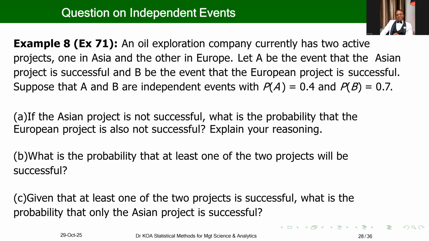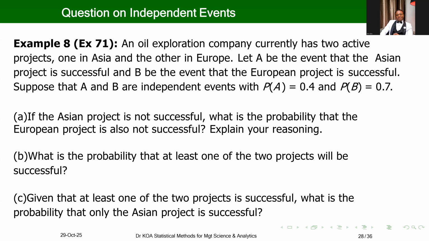Now, if the Asian project is not successful, what is the probability that the European project is also not successful? You should be able to reason and explain your answer. Of course, we are going to do it together. Now, how would you go around it?